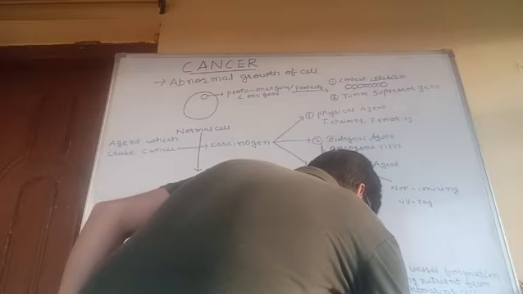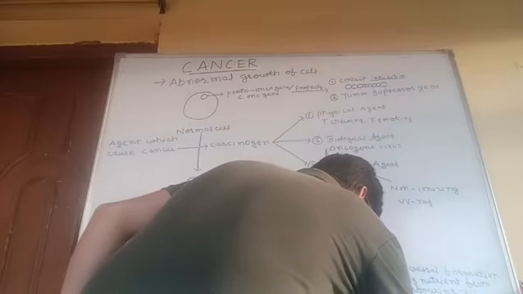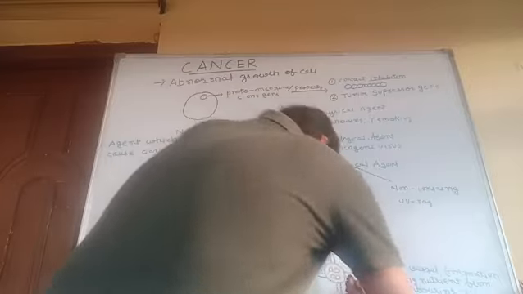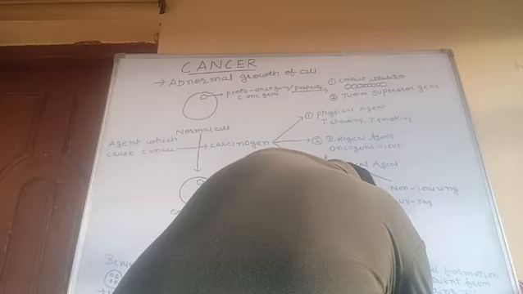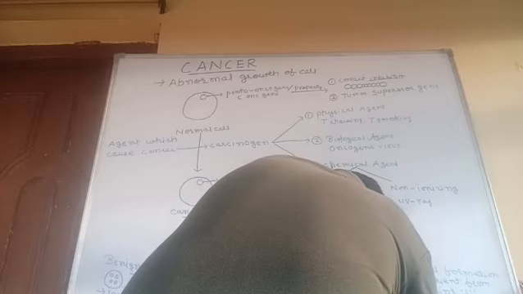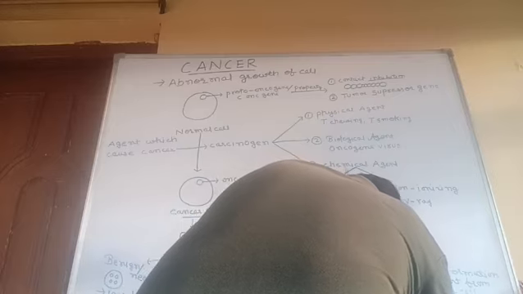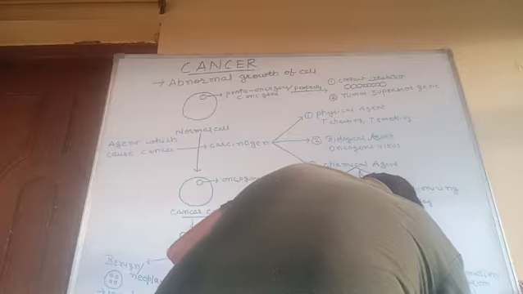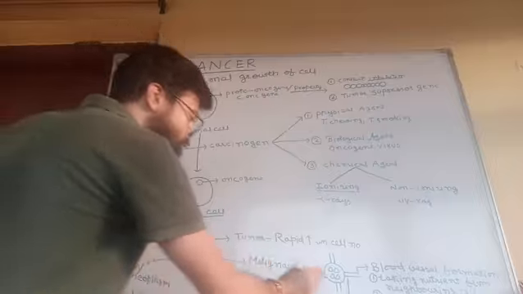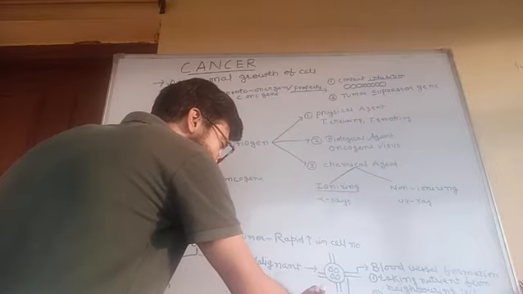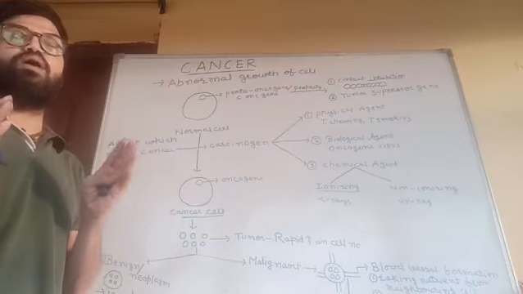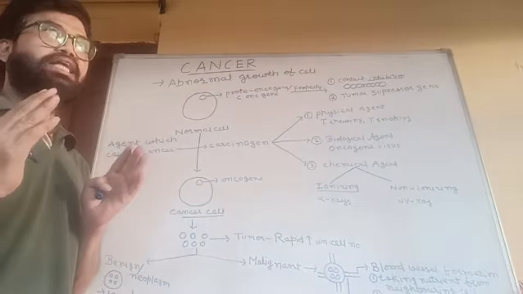Angiogenic factor is released, and when this angiogenic factor is released, then this capsulated structure will break and the cell comes out from it, and with the help of the blood vessels it will spread to the other organ.